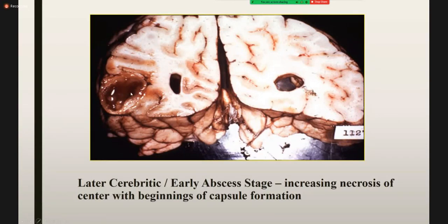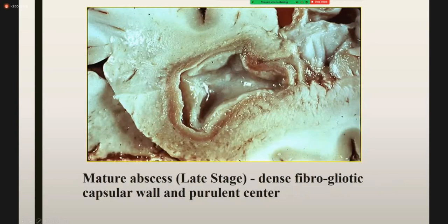You can now localize and differentiate it from the surrounding brain parenchyma. Mature abscess, late stage: dense fibro-gliotic capsule, a capsular wall, and a purulent center.